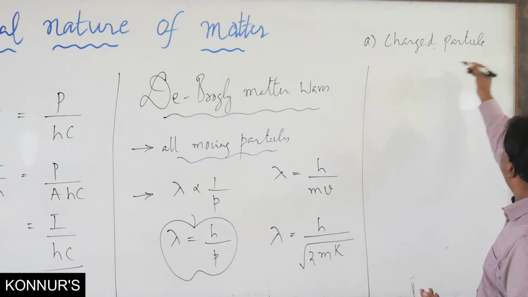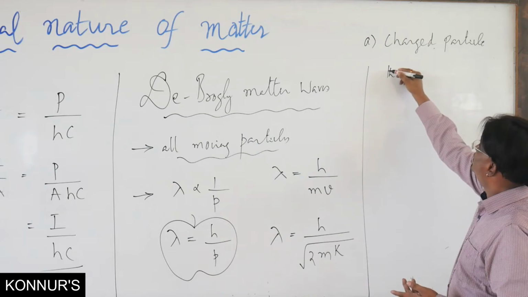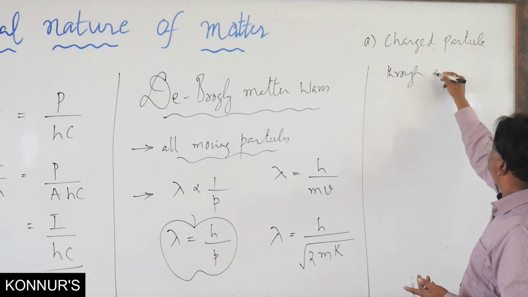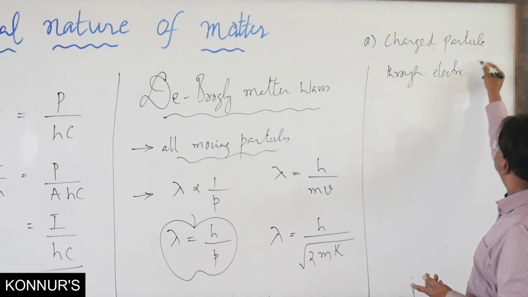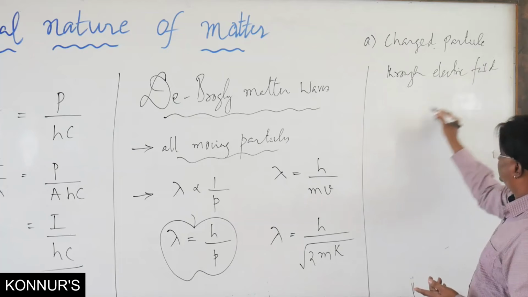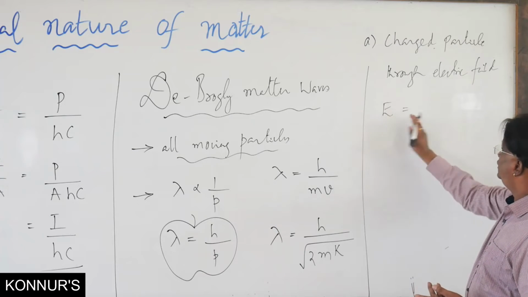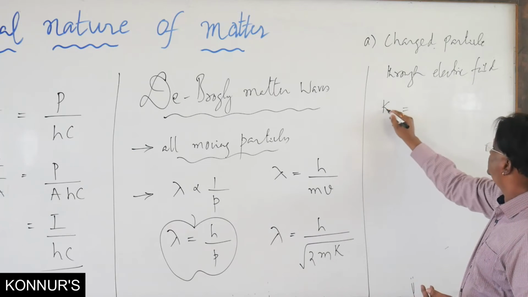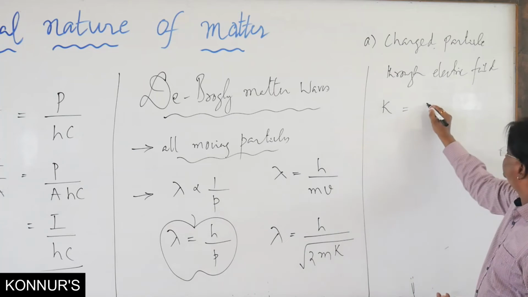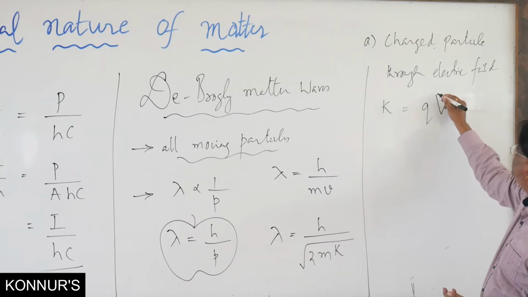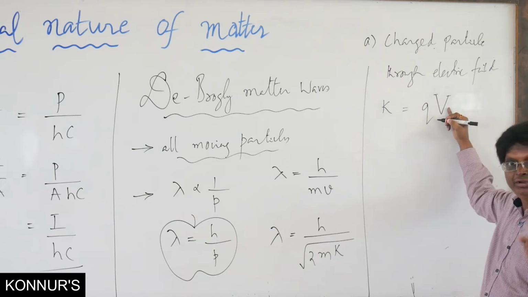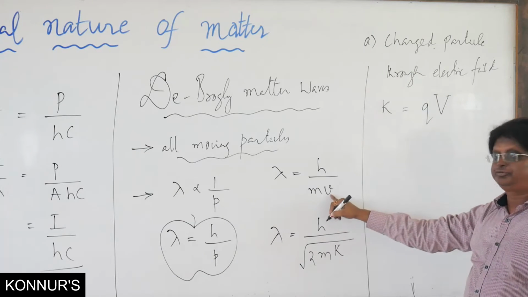For a charged particle accelerated through an electric field, we write the kinetic energy K is equal to charge times potential difference. Here capital V is for potential difference.